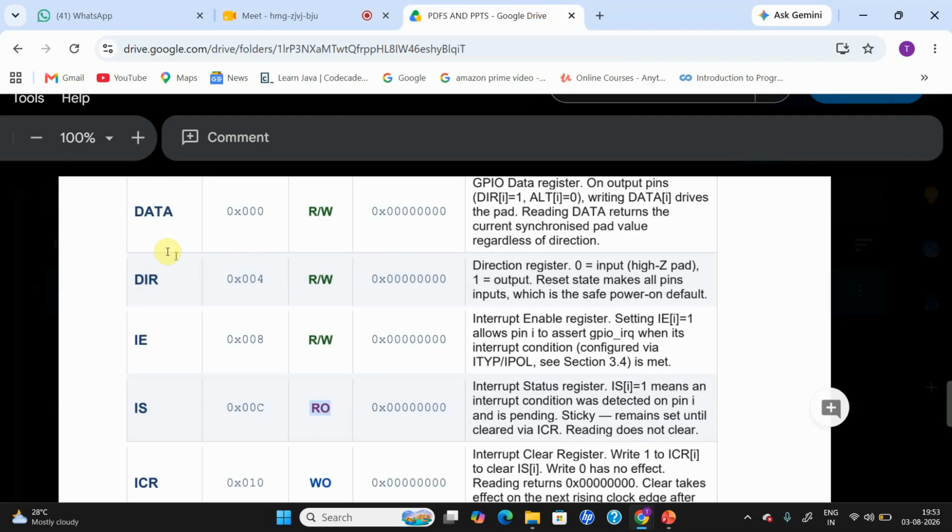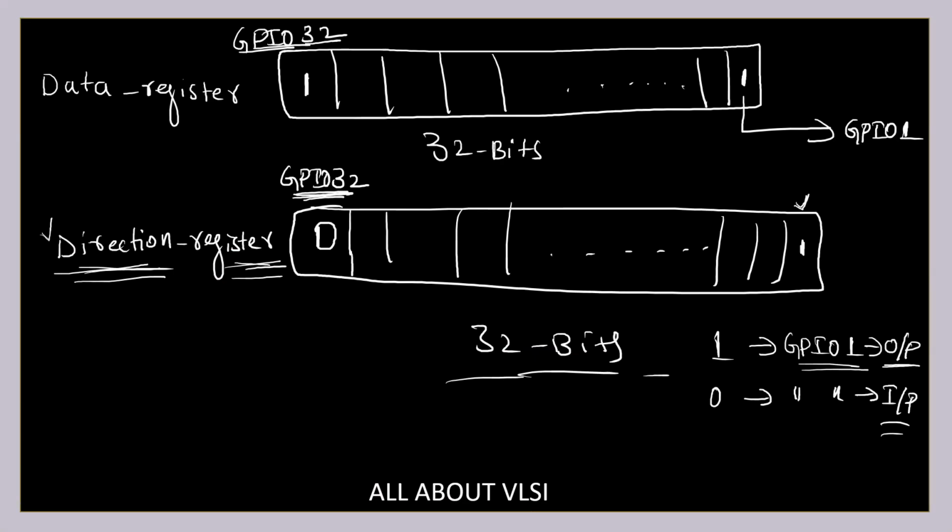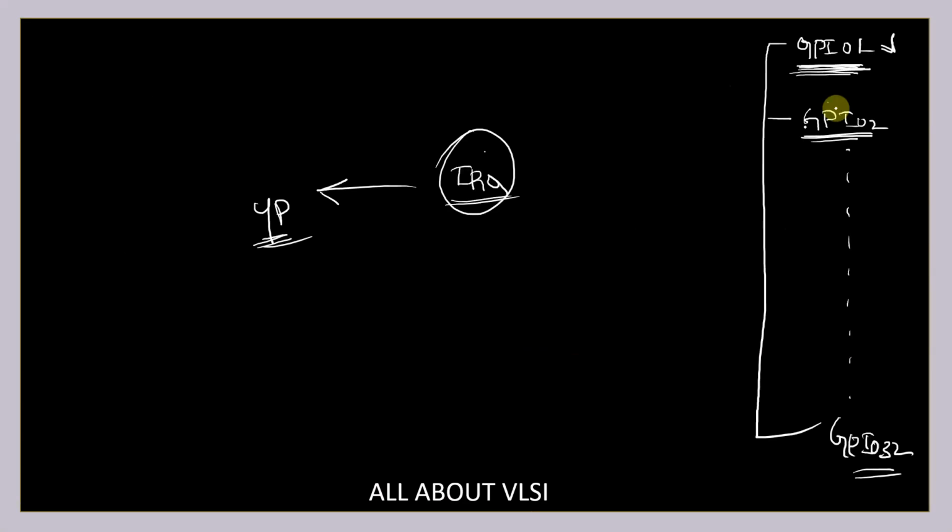So the data register is read write, direction register is read write, interrupt enable is read write, and interrupt status is read only. One more important point: the interrupt status register means a particular interrupt condition was detected on pin I and is pending, and it is sticky in nature. What do I mean by sticky? Suppose the GPIO 1, GPIO 2, and GPIO 3 pins have been given an interrupt.